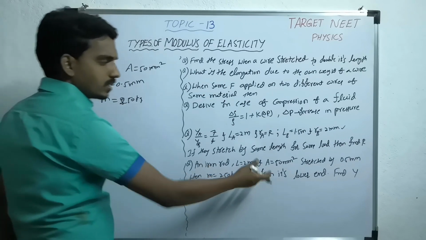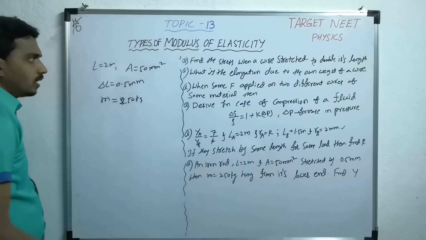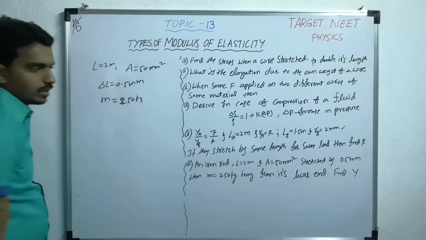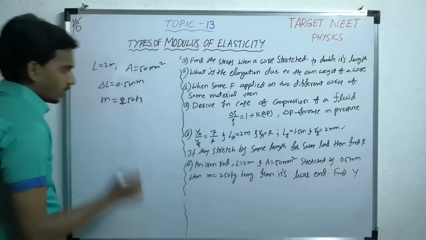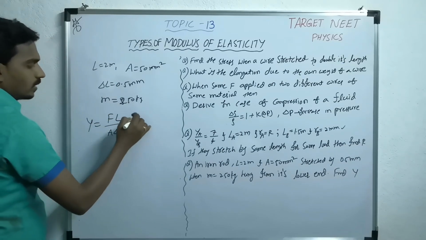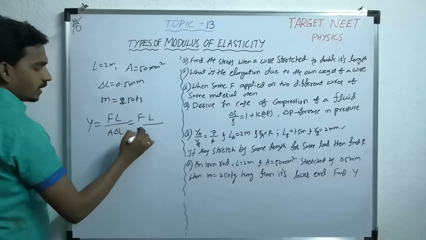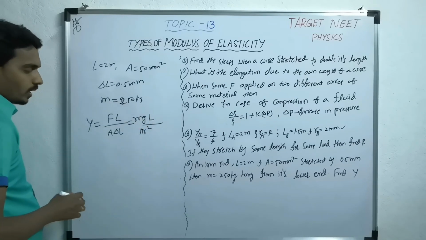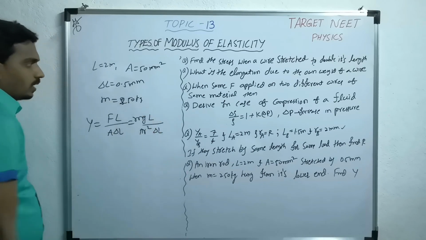So when a mass is attached at its lower end of length 2 meter and area this much, this is the extension. Then they are asking what is Y. What is Y? FL by A delta L, where F is mg, the weight of the body attached.